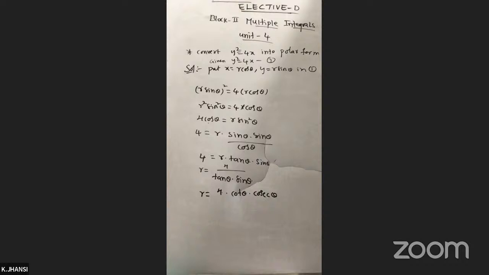The coordinates of a point P are given by an ordered triad. For spherical polar coordinates, you will have the triad as rho comma theta comma phi.